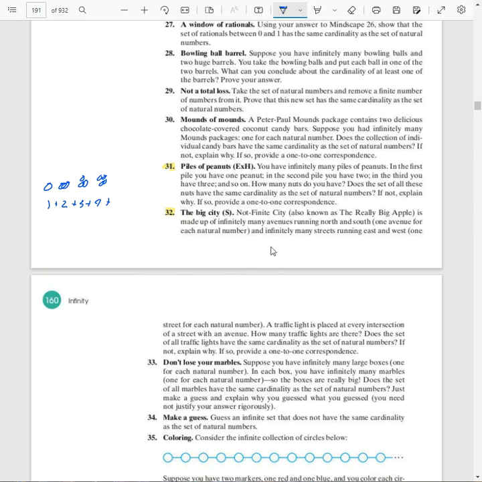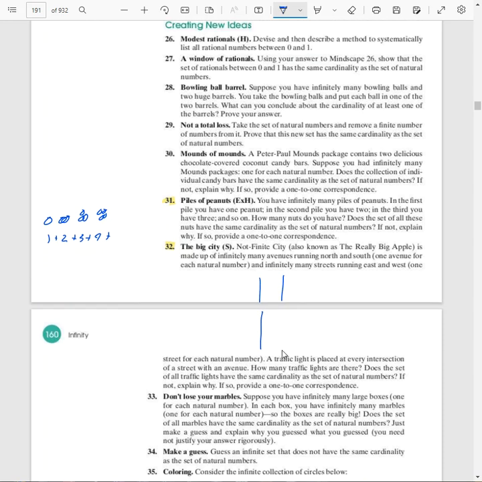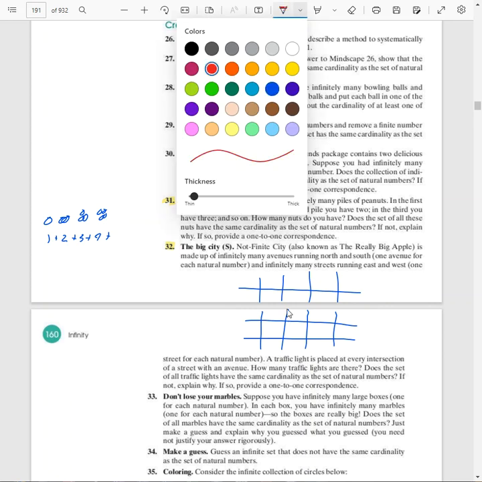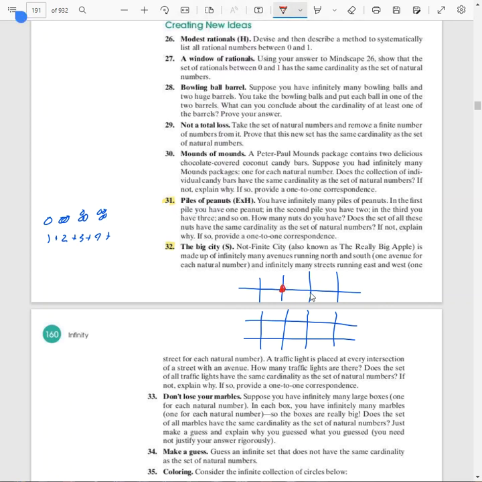Infinite City has avenues running north and south, and streets running east and west. And there is a stoplight at each and every one of these intersections.